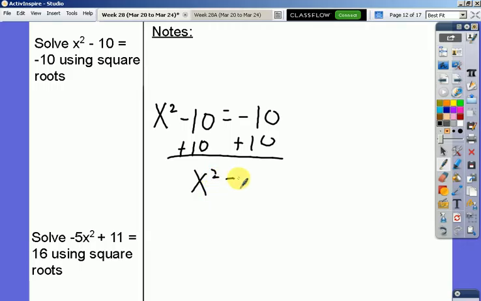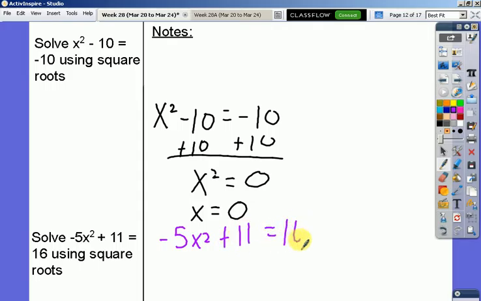Based on that chart, what's our answer? 0. There's one answer, and it is 0. Okay. So next one. Negative 5x squared plus 11 equals 16. Subtract 11.